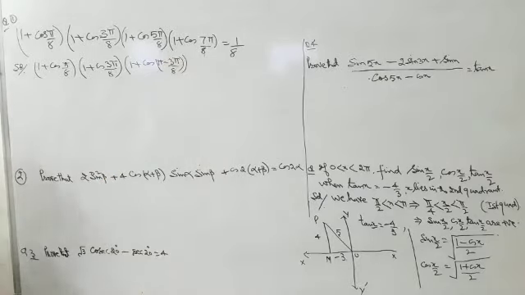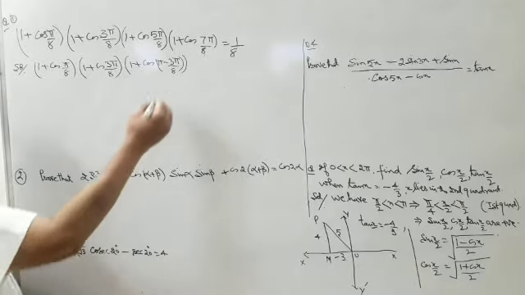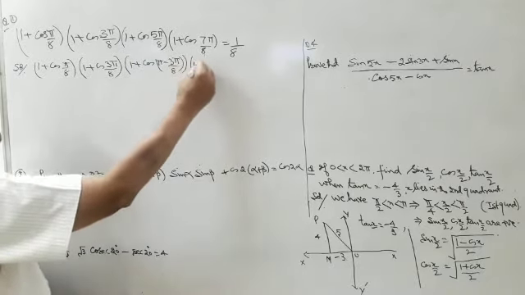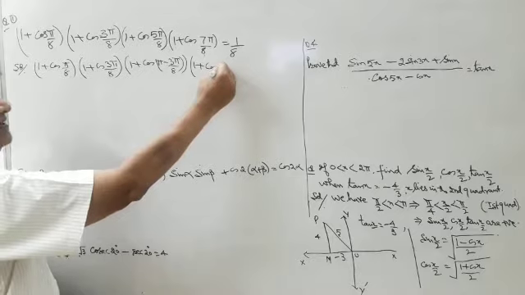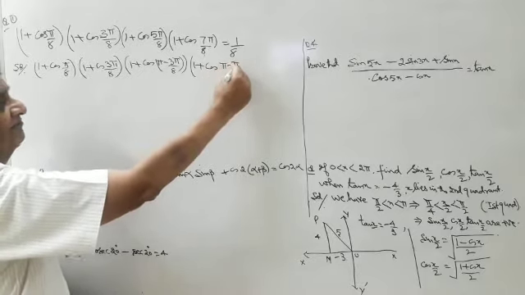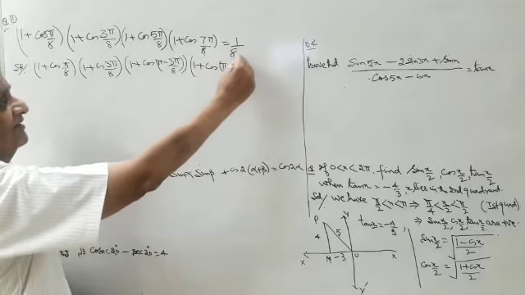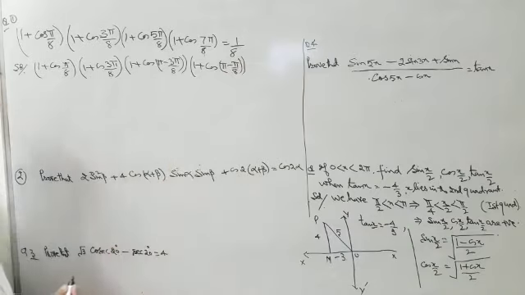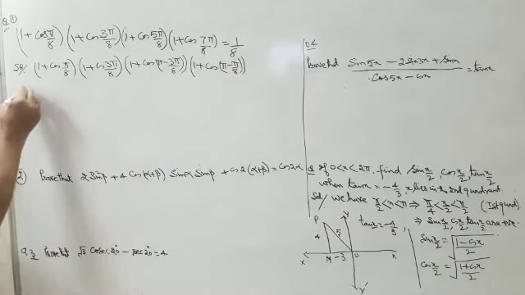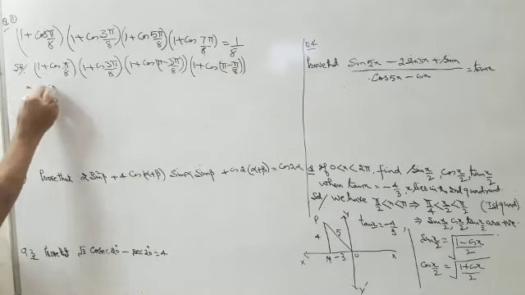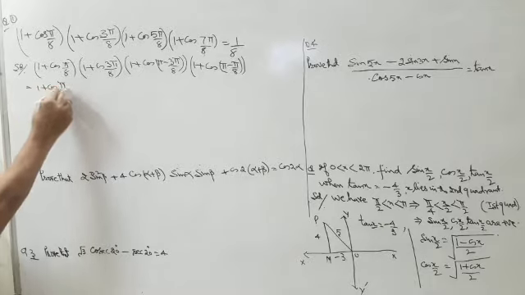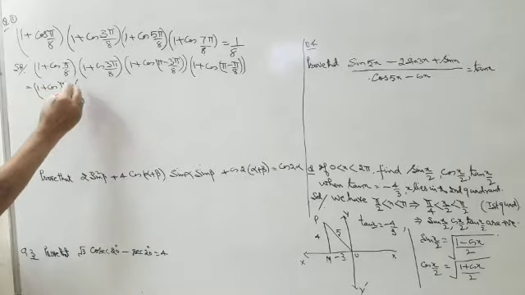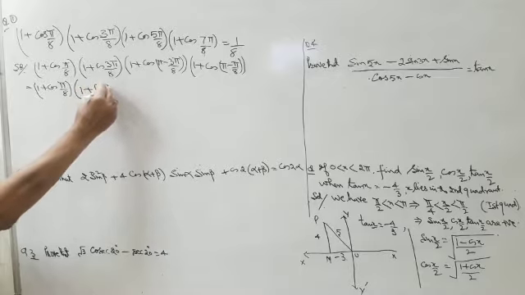Pi minus 3 pi by 8 is 5 pi by 8. And then you have 1 plus cos pi minus pi by 8. On the left hand side, you simplify it this way. So it becomes 1 plus cos pi by 8 into 1 plus cos 3 pi by 8.